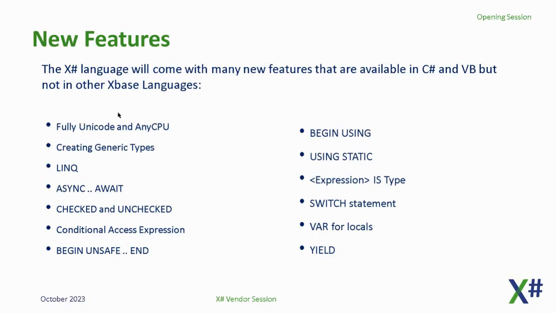What you also get, well, I'm not going to read the slide because I know you guys can read, but one of the important things is that you can get full Unicode applications, and your applications can be Any CPU, which means they run in 32 bits, 64 bits, but they also run on ARM. I was surprised last week to see a customer that was running Parallels Desktop on an ARM MacBook, and he was running Visual Studio on ARM, and our applications were running on ARM.